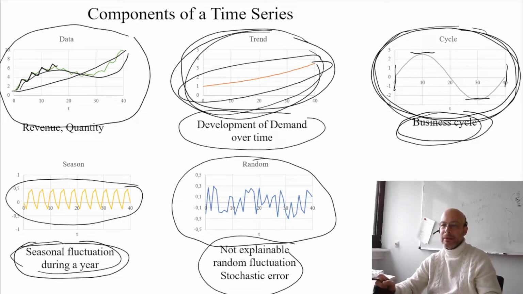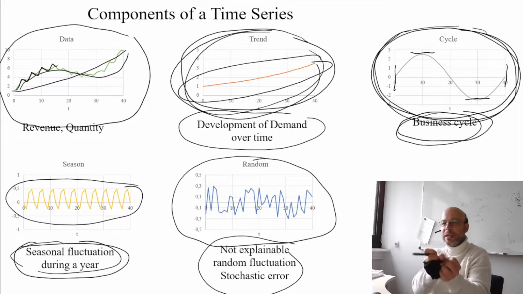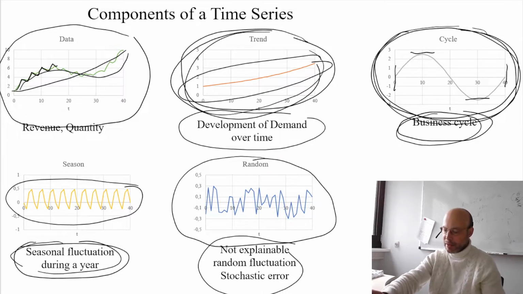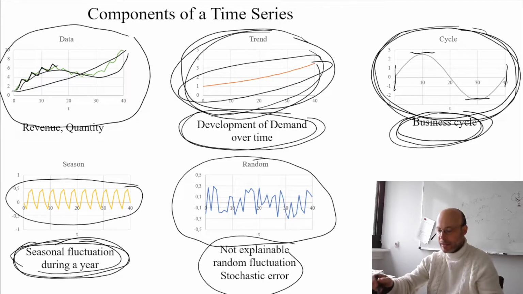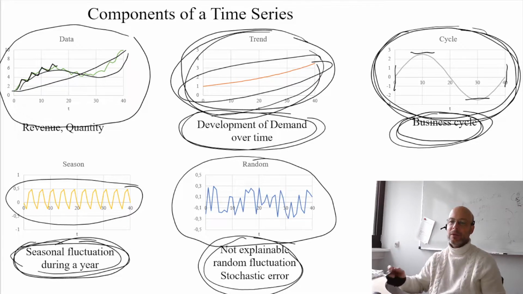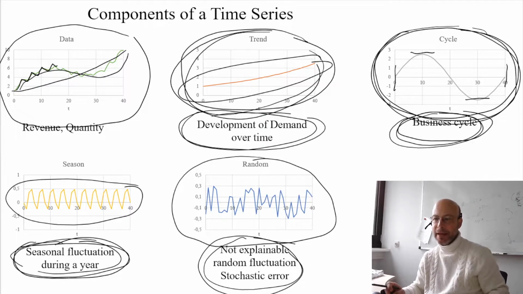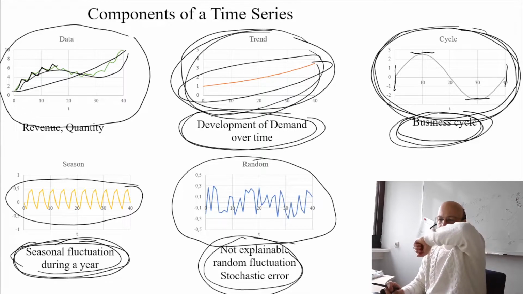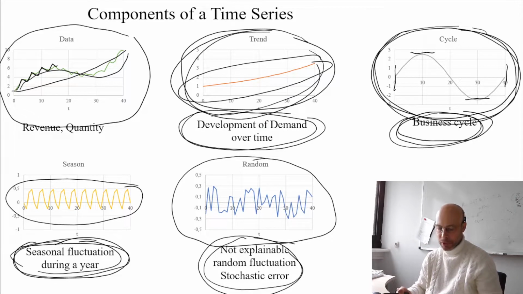So what we sometimes want to try is to split our data into these 3 more or less deterministic components and 1 random component.